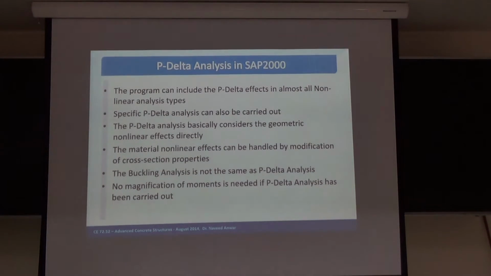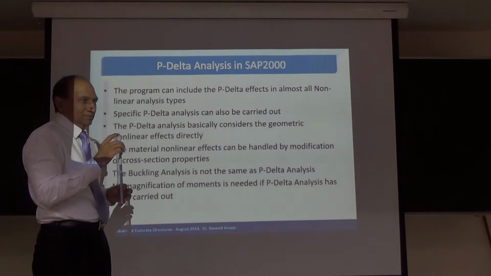This is very important. Buckling means that the structure will buckle, but the load carrying capacity will not reduce. Large deformation will happen, but the same load will be carried and then it may fail in other modes. So buckling itself does not mean that it loses the capacity to carry the load.